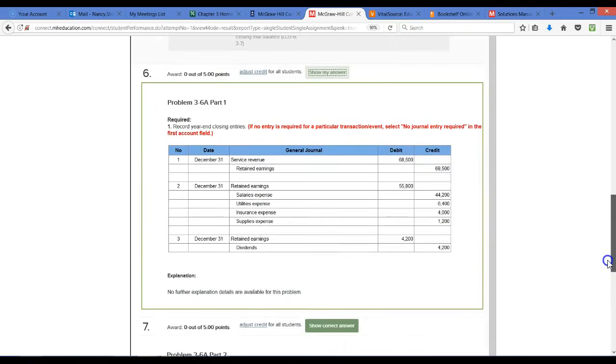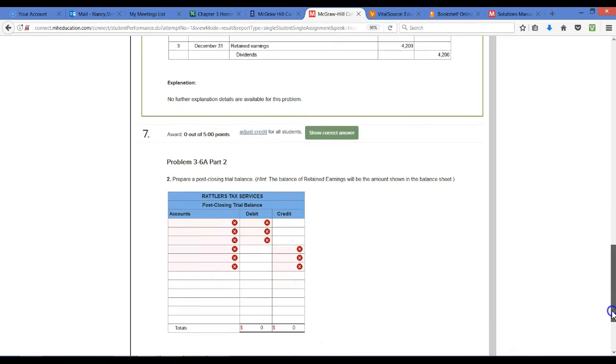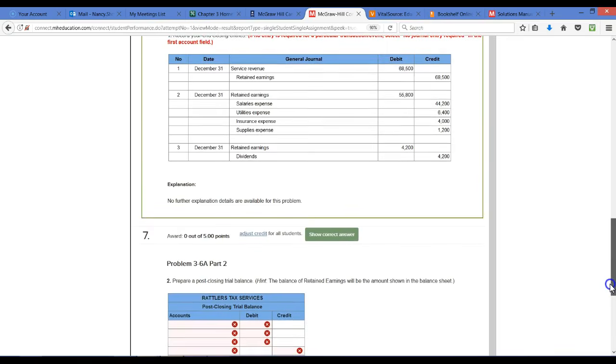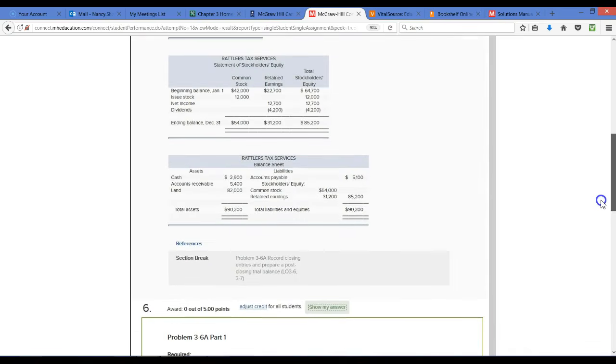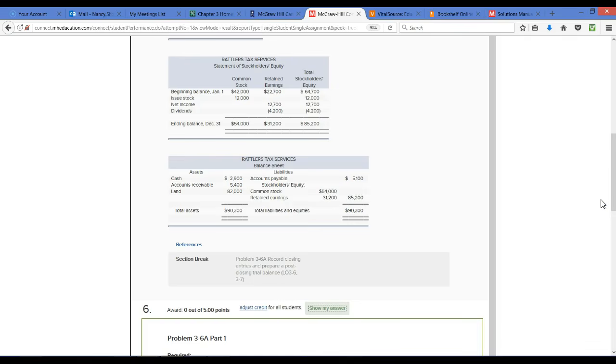Now, the next thing it asks us to do is to prepare a post-closing trial balance. Guys, remember, a post-closing trial balance only has assets, liabilities, and stockholders' equity.